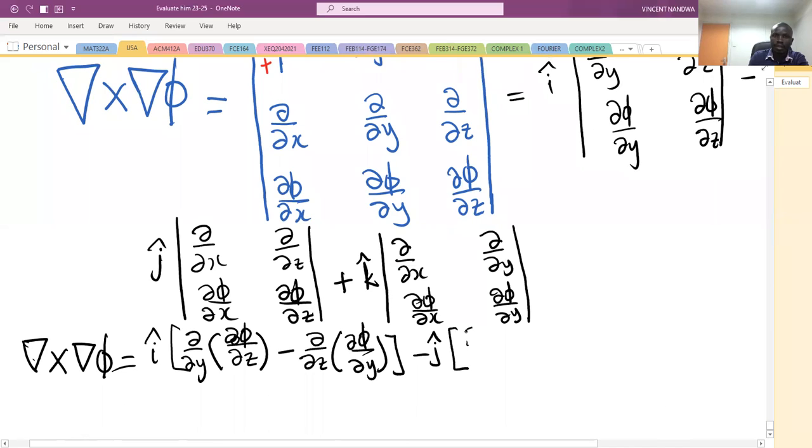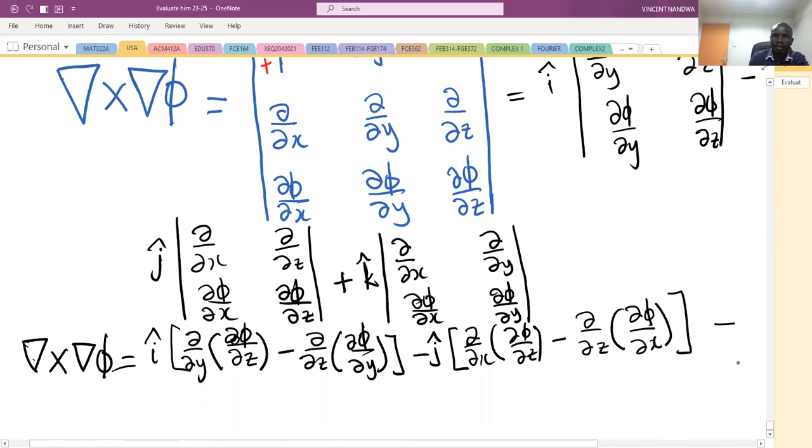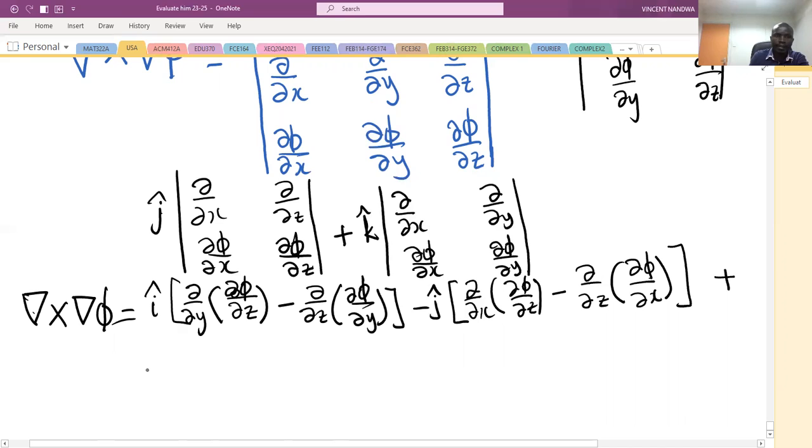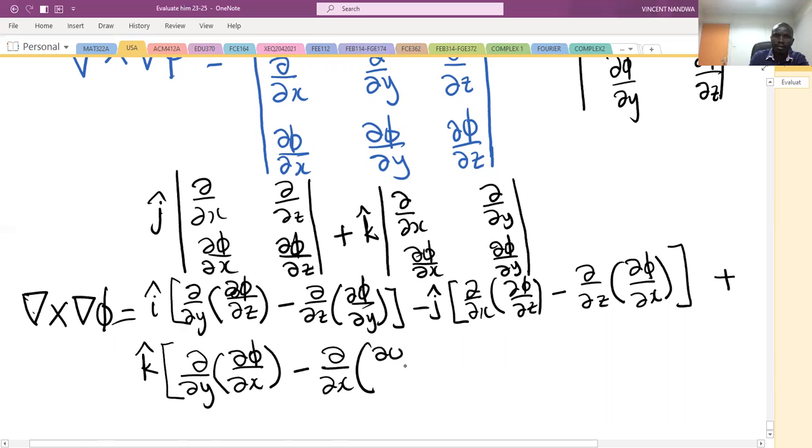You apply this to this, so partial x into partial phi partial z minus partial z into partial phi partial x, and then plus k, partial y partial phi partial x minus partial x partial phi partial y.